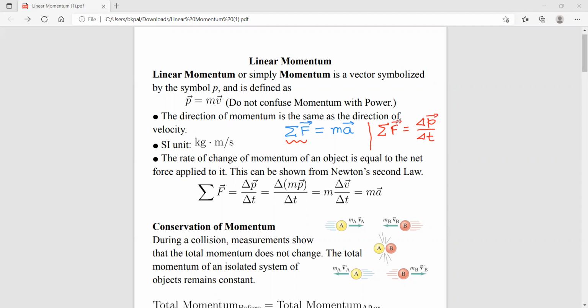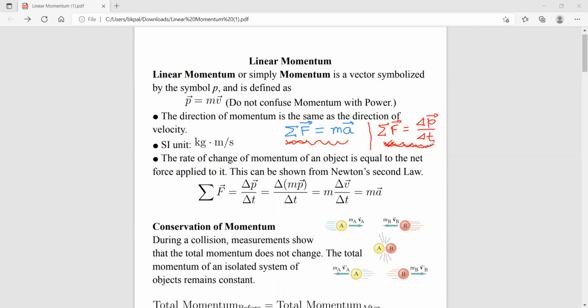Delta p is the change of momentum, and delta t is the change of time. This is actually Newton's original second law. Although we call this Newton's second law, Newton's original second law was this one.